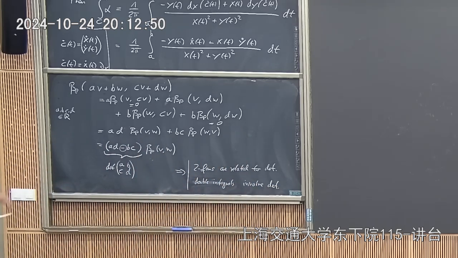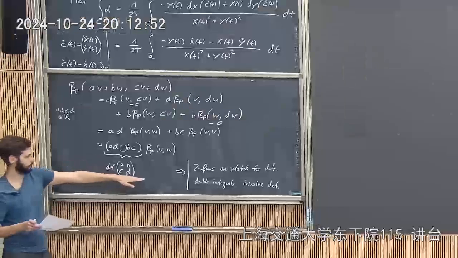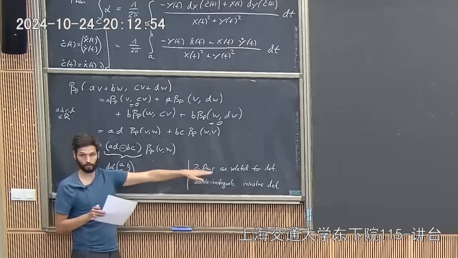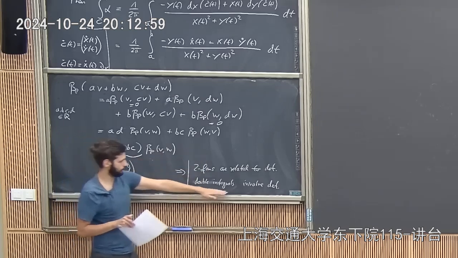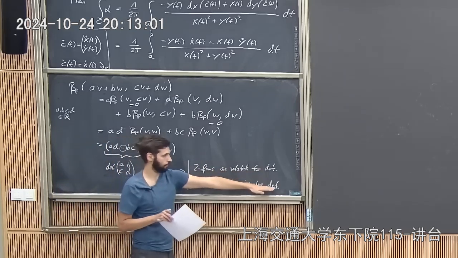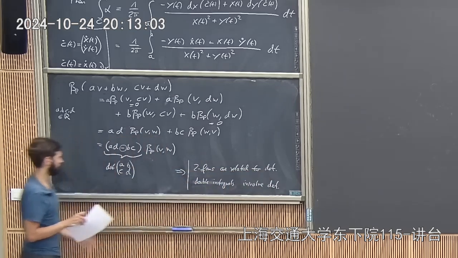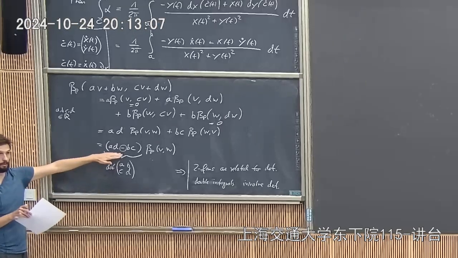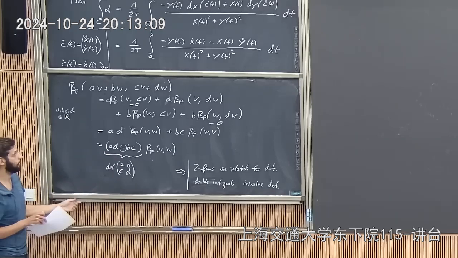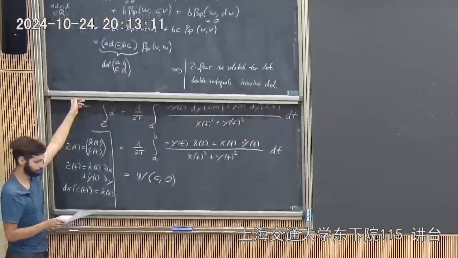So next time, we'll discuss how to integrate 2-forms over a surface. And what we then will see is that these connections with the determinant are important. But here you get the first taste of why we had the minus sign over there, to give you some motivation for this antisymmetric property.